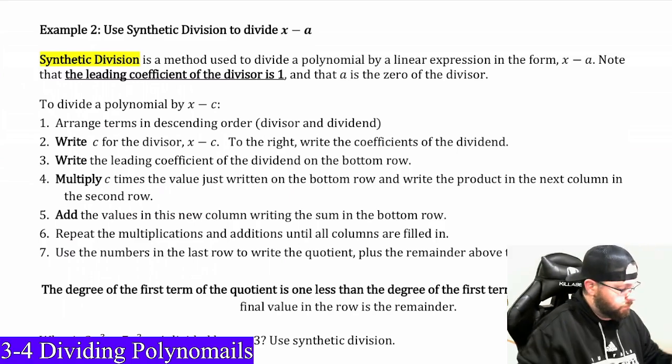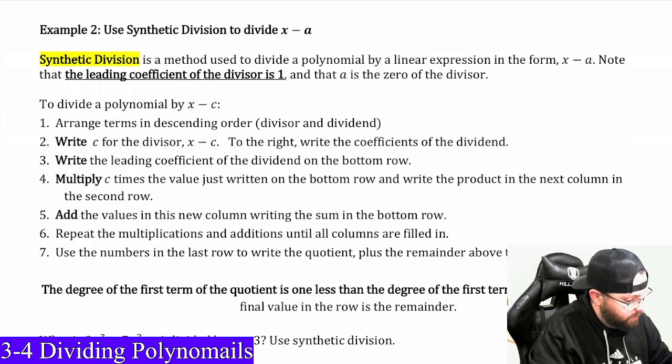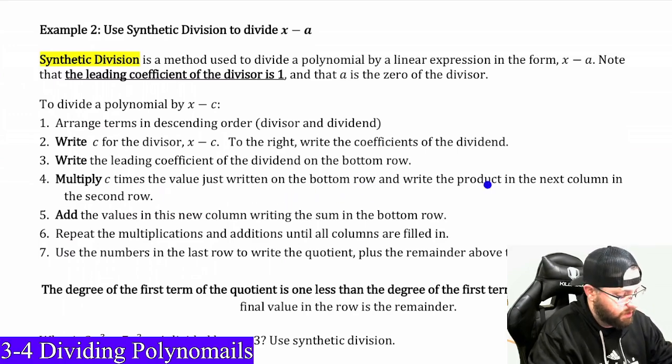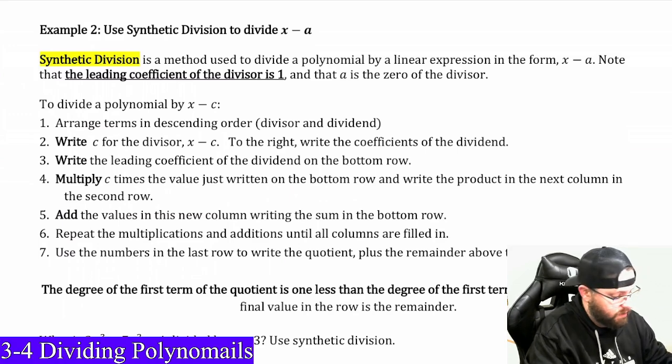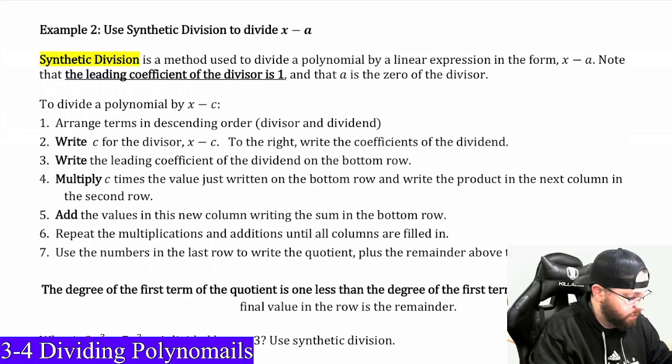Now we're going to write the leading coefficient of the dividend in the bottom row, and then we're going to multiply c times the value that was written in the bottom row and write the product in the next column. We're going to add those values, and we're going to continue summing it up until we figure out whether or not we have a remainder.